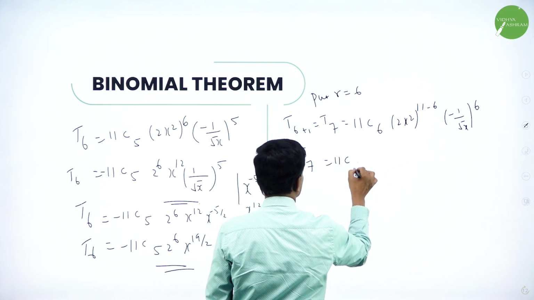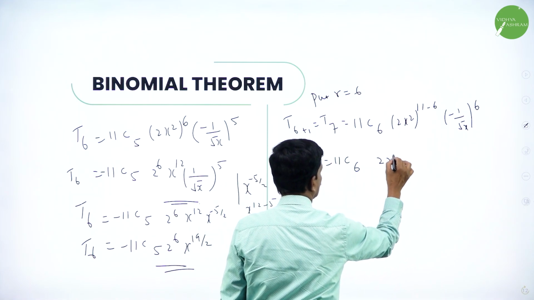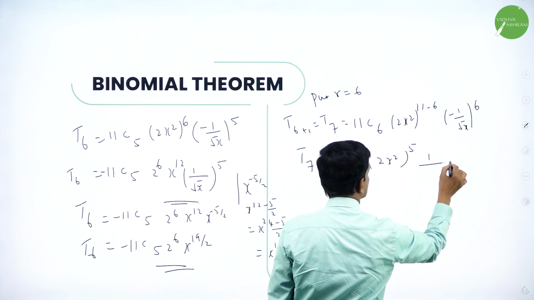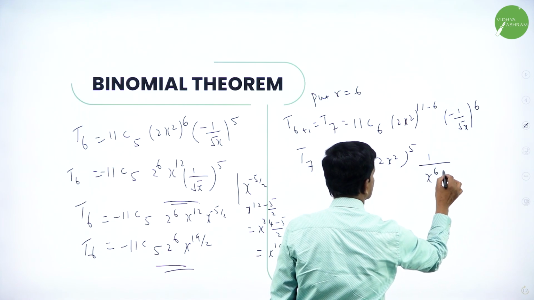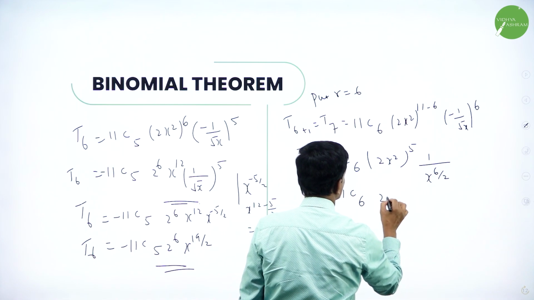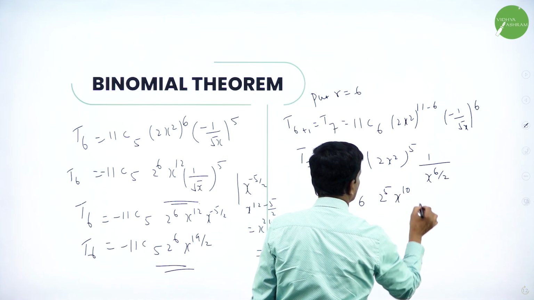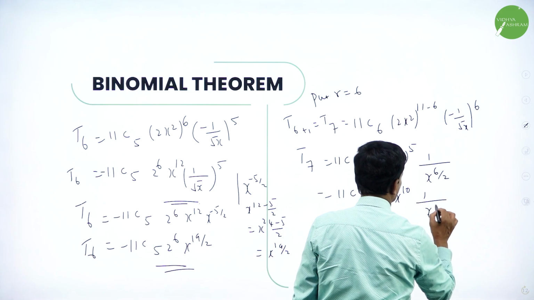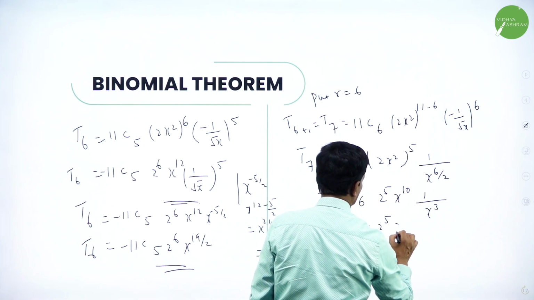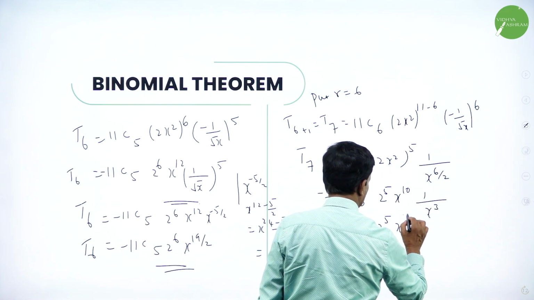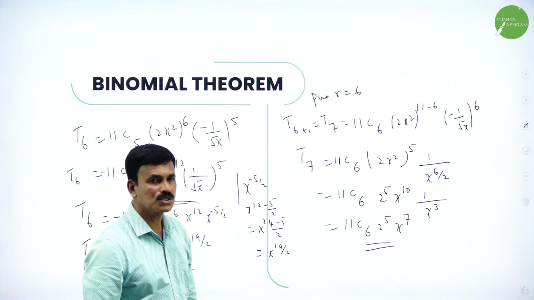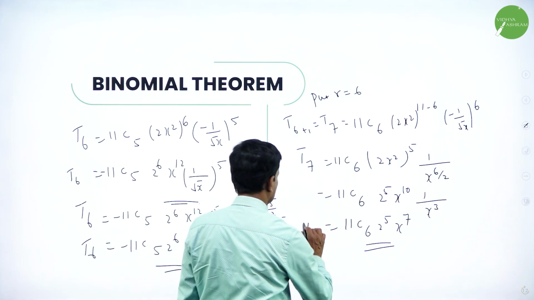T7 is equal to 11C6 (2x²)^5, (−1)^6 is plus 1, x^(6/2). So this is 11C6 2^5 x^10 into 1 over x^3. So this is 11C6 2^5 x^(10−3), 10 minus 3 is 7. So 11C6 2^5 x^7 is the seventh term.